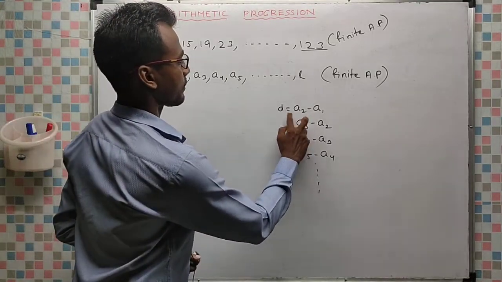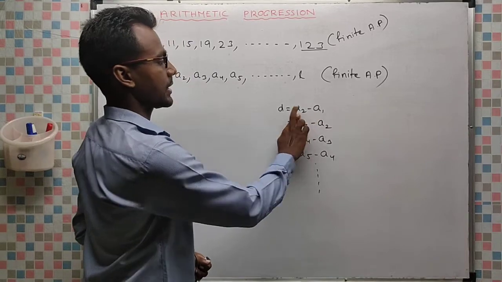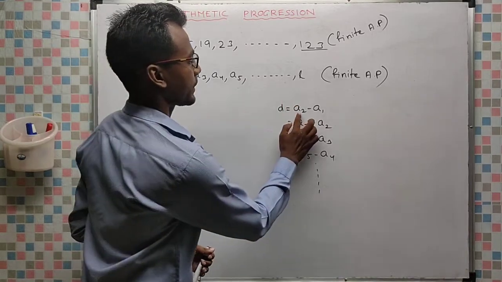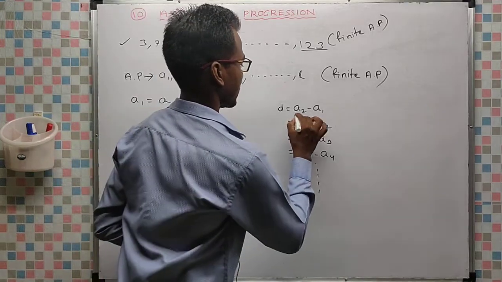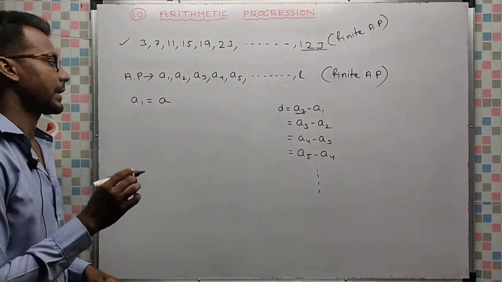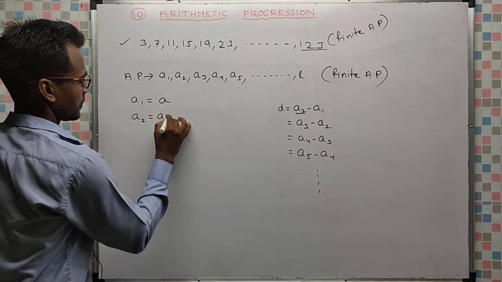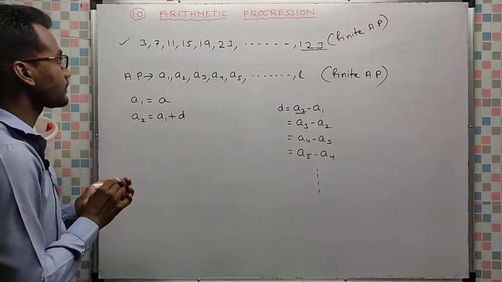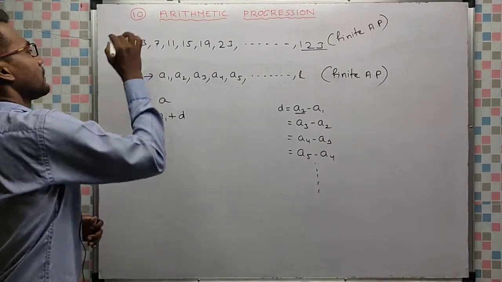If A2 minus A1 is d, then what will be A2? Obviously A1 plus d. See, in this case, the common difference was 4.